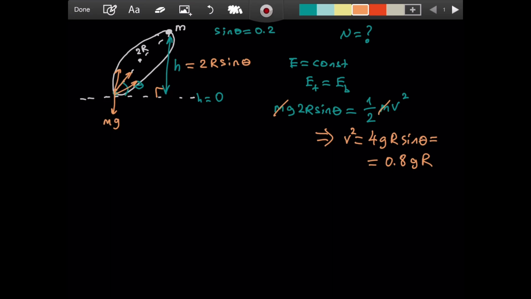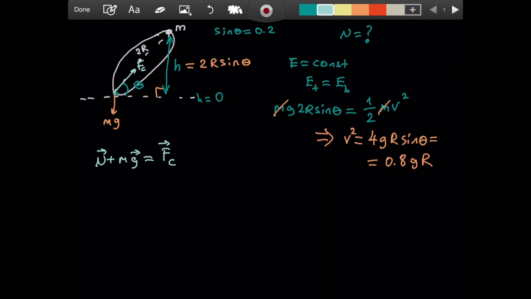We don't know yet. One thing we know is that the centripetal force will be along the radius. So it will be along the radius like this. That is the direction of the centripetal force. And we know that the normal force plus the force of gravity should give us the centripetal force.